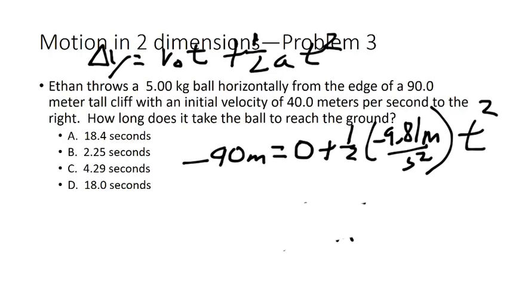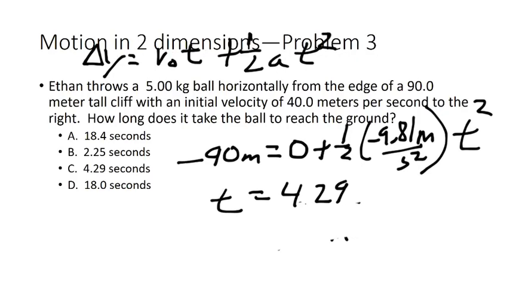So now we're going to solve for t. And when we solve this out for t, we end up with a time of 4.29 seconds. So that is the total amount of time in the air, 4.29 seconds. So our answer is answer C.